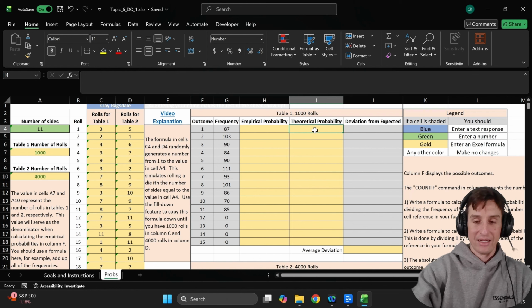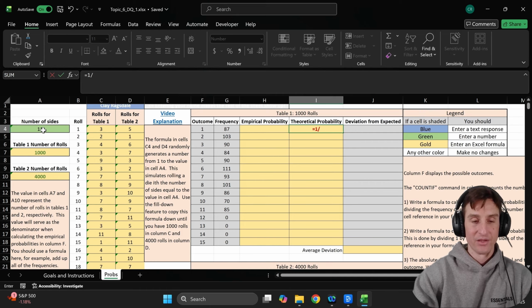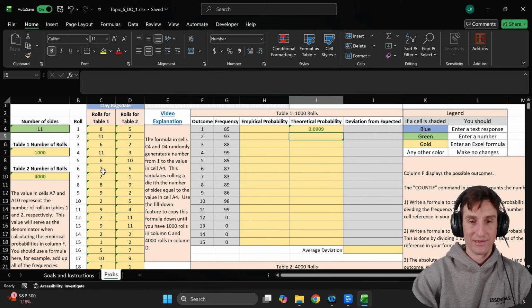So for mine, I have equals 1 divided by how many sides I have. And I do want to reference this cell. Now, because I'm going to use this over and over again, we need an absolute cell. So I'm going to say $A$4, enter. And the good news is this happens for every single one of 1 through 11, right?